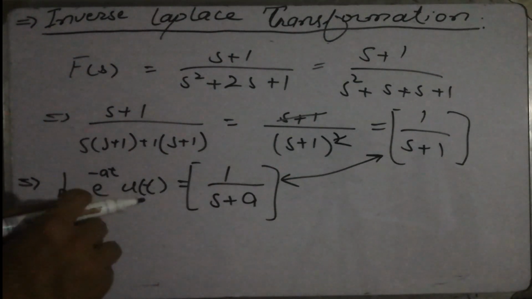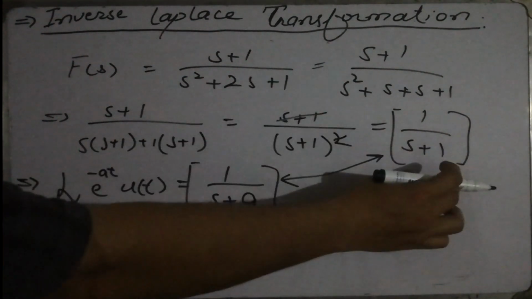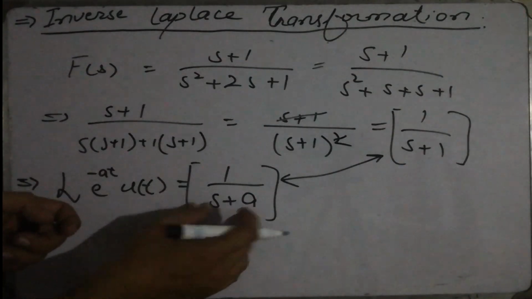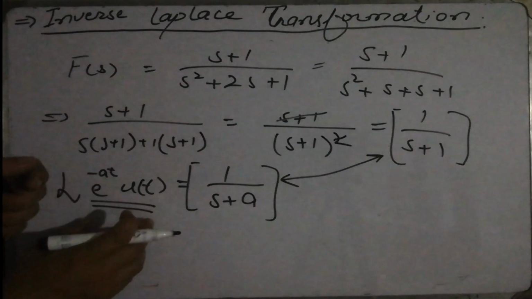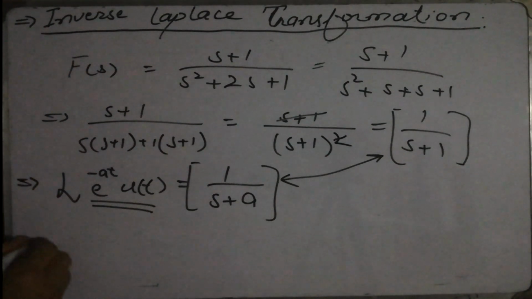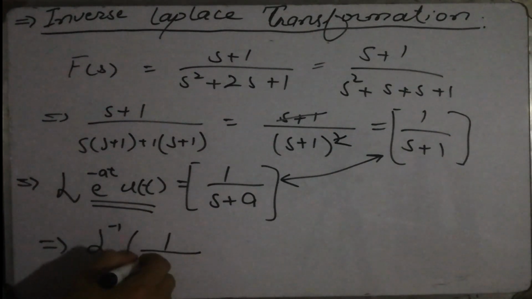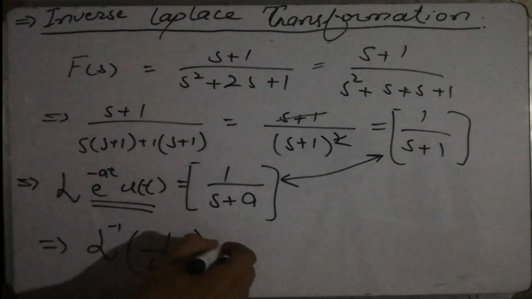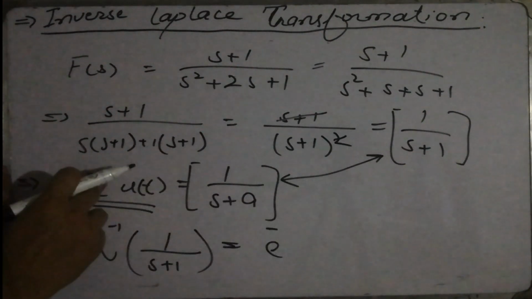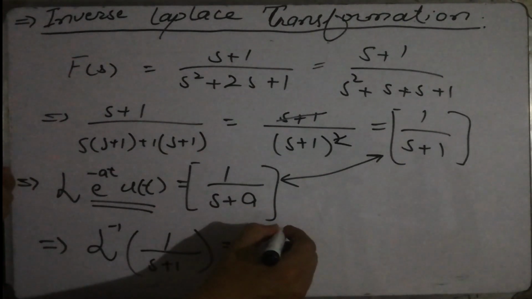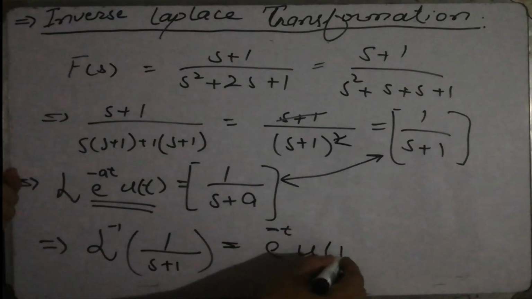Now that means if you want to find the inverse Laplace of this function, we can relate it to this one, and the Laplace inverse of 1 divided by s plus 1 would be equal to e to the power negative at, where a in this case is 1, so it would be e to the power negative t, times the unit step function.